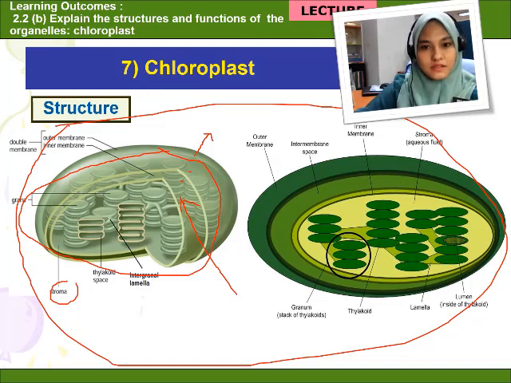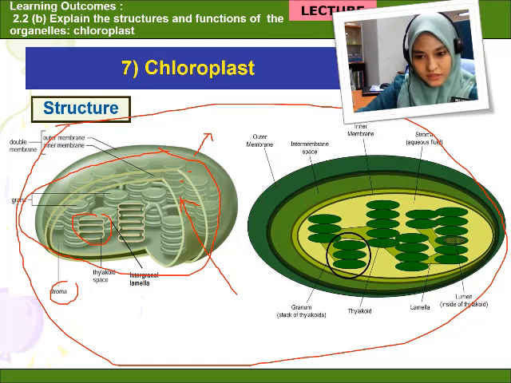Embedded within the stroma is a membranous system called thylakoids. So this is a thylakoid, and this is the system called thylakoids. What are thylakoids? They are flat discs which are stacked to form grana. The grana are interconnected by intergrana membranes, or lamella.